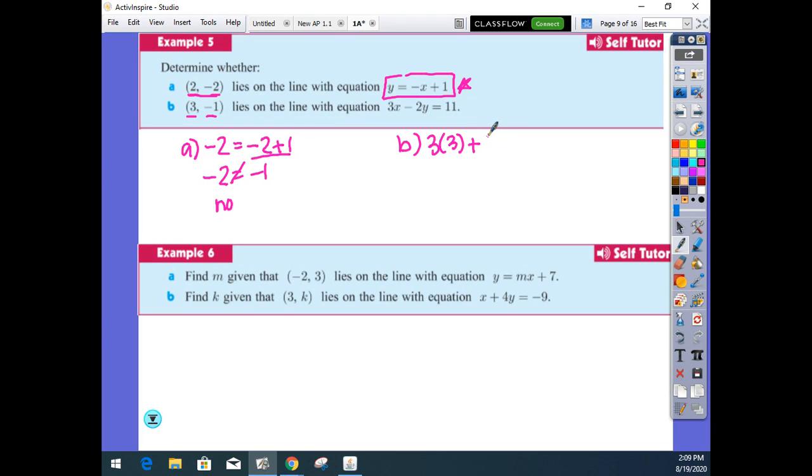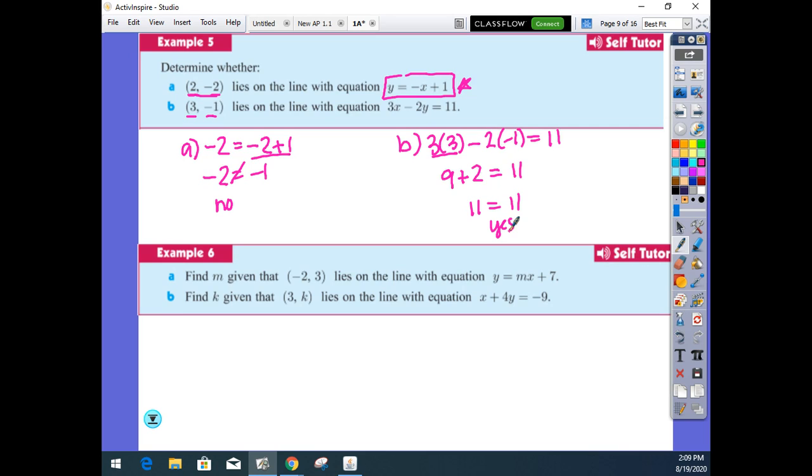Nope, that's a minus. 2 times -1. Will that equal 11? So this is 9 plus 2. Does that equal 11? Yes. So yes, this particular point is on the line.